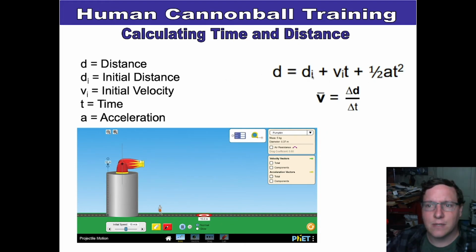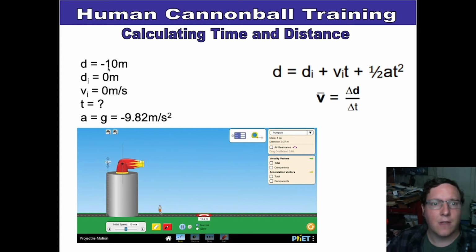D equals, so distance equals the initial distance plus the initial velocity times time plus 1/2 of the acceleration times time squared. So in the projectile motion stuff, that means that we're going to go ahead and factor in the distance traveled.